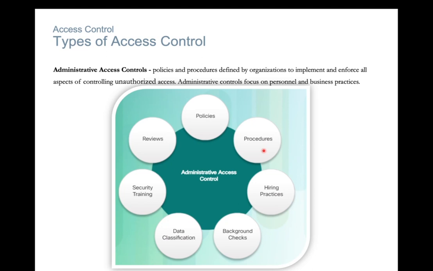Background checks are an employment screening that includes past employment verification, credit history, and criminal history, whereas data classification categorizes data based on its sensitivity, whereas security training educates the employees about the security policies of an organization, and the reviews evaluate an employee's job performance. So these are the administrative access controls.